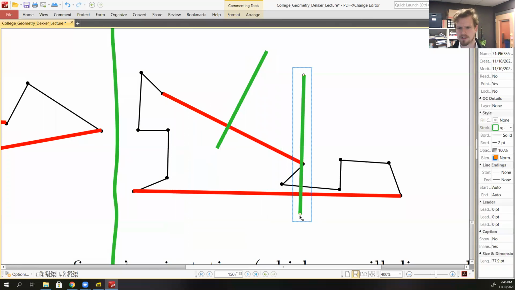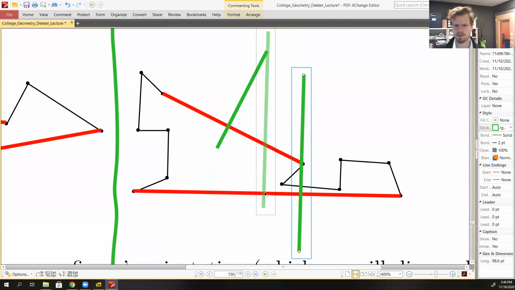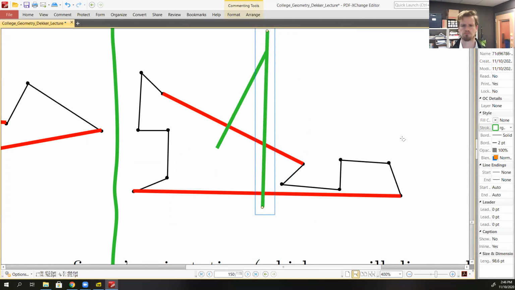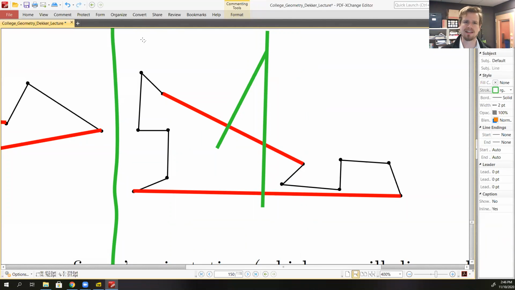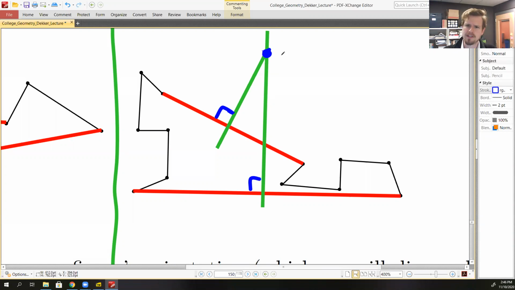So I'm going to have to extend that just a little bit. There we go. And that should be pretty close. Anyway, again, when you're working on your homework, you will be able to find exact perpendicular bisectors. So here we have our perpendicular bisectors, and we have the center of rotation. Excellent.